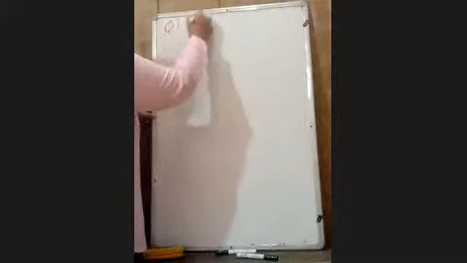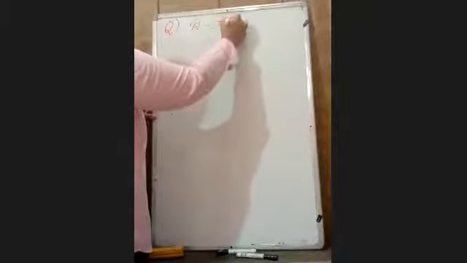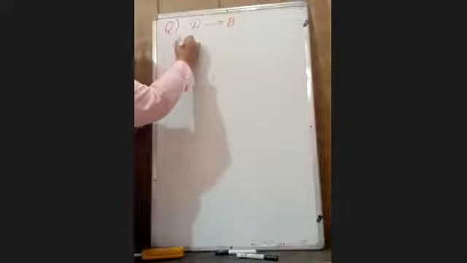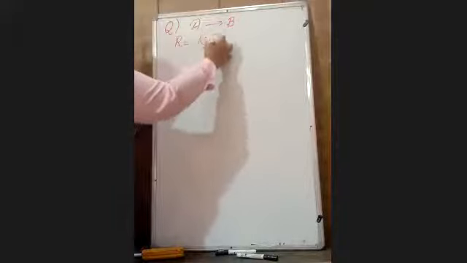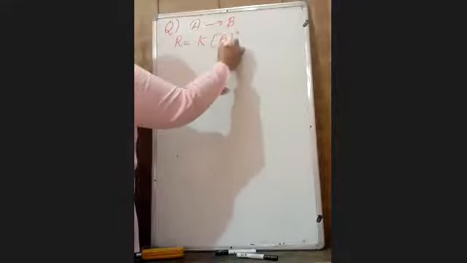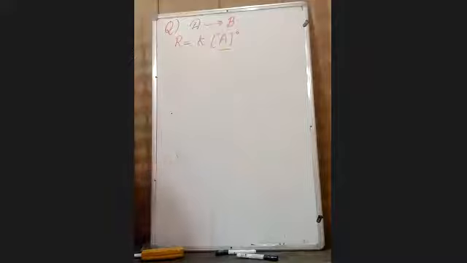Suppose this general reaction is given, A to B, and rate is equal to K, A power 0. Krishna, please tell me, what do you mean by A power 0? It is which type of order of reaction?